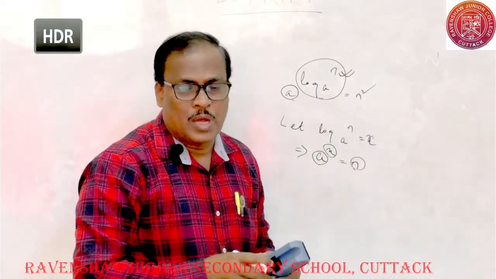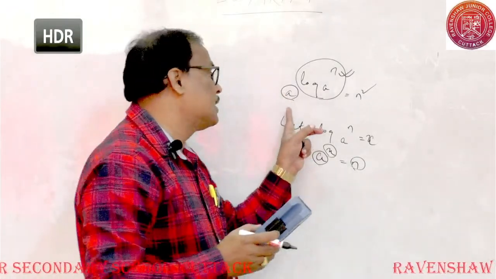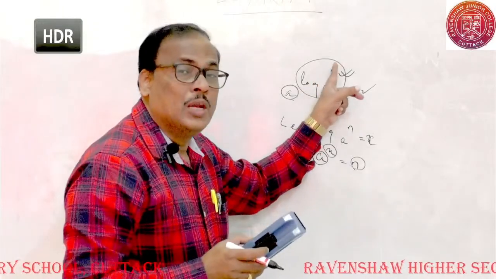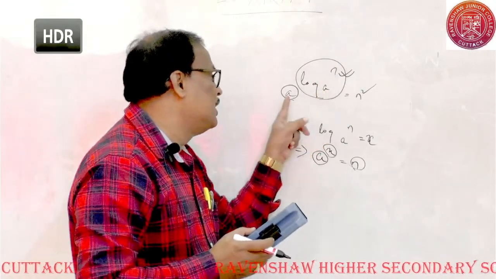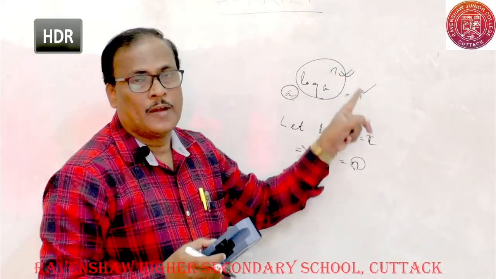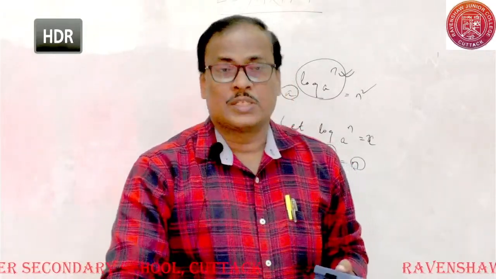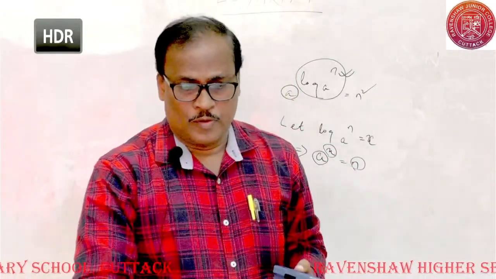So you have to remember, when a is the base, and log of any value to the same base is taken, we get the number n as the answer. So these are certain, six properties of logarithm.